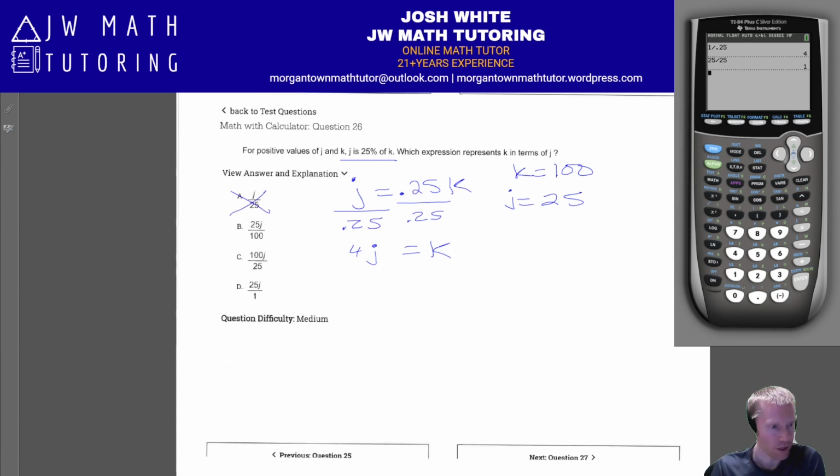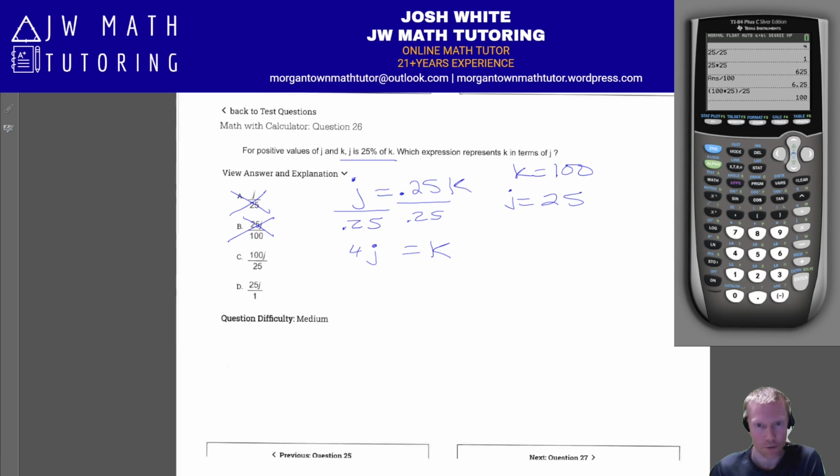All right, the next one, 25 times J, which is 25, and then divide that by 100. 6.25, wrong. Next one, I'll put this in parentheses just so I can do it in one step: 100 times 25 divided by 25.